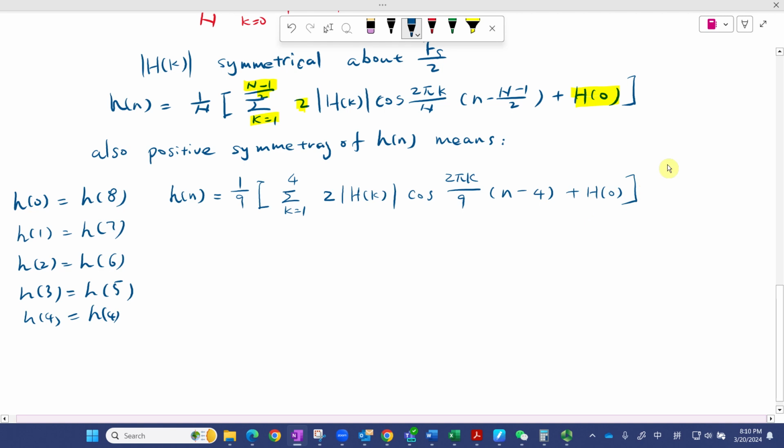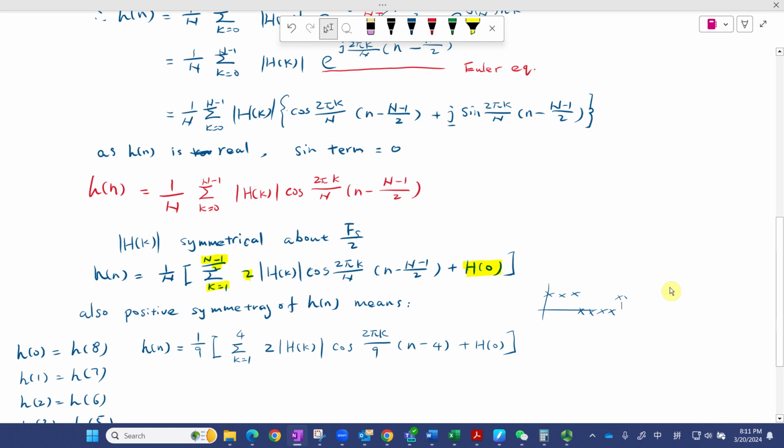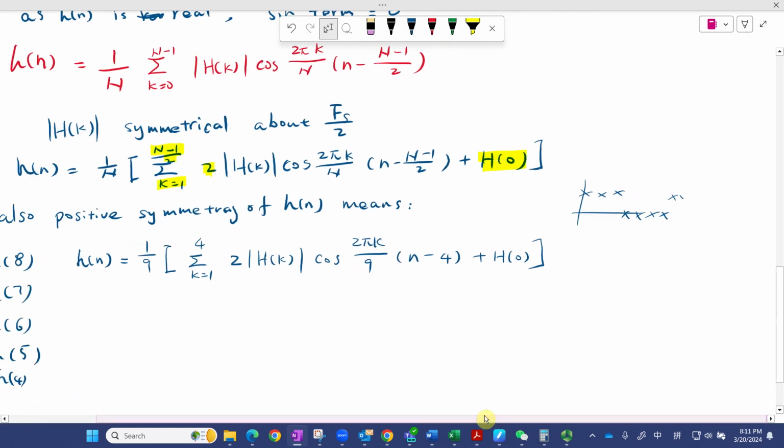Capital H0, 1, 2, we all know that because we actually have those numbers, right? So we remember that there's a 4 there. So that's the value we already know. Okay, so let's plug in numbers. So h0 is just equal to 1 over 9. So we're gonna sum all the terms, right?